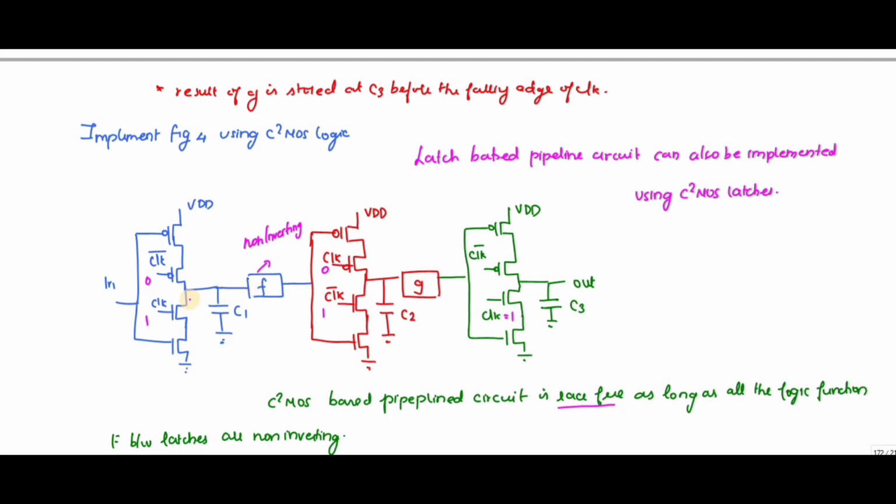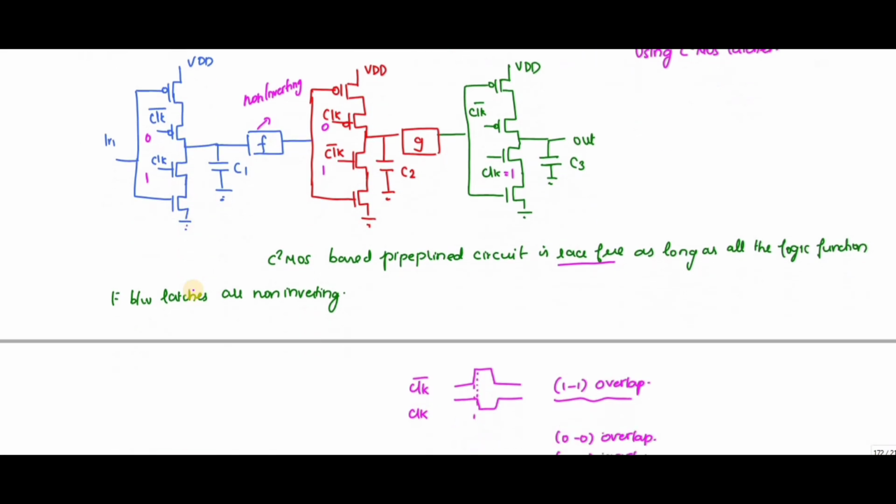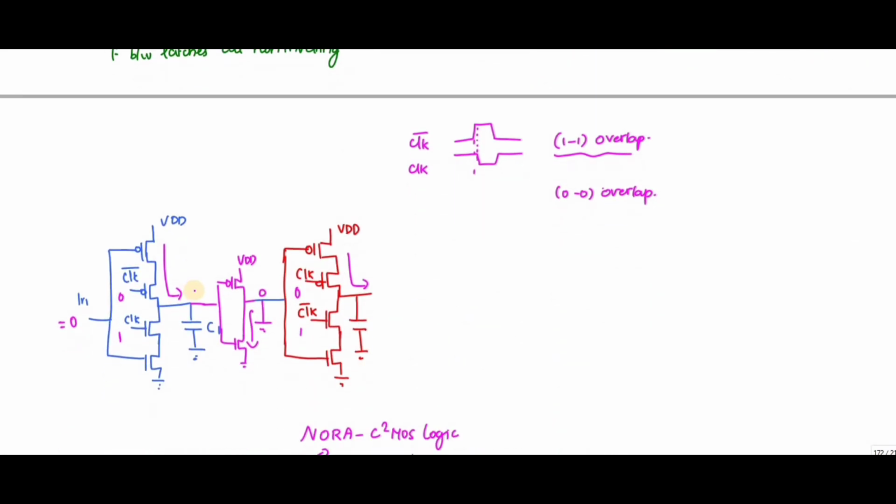Since there is a 0-0 overlap, likewise I can have a 1-1 overlap. So for a 0-0 overlap, if this is inverting, meaning I have connected an inverter, during this time my clock and clock bar are 0.